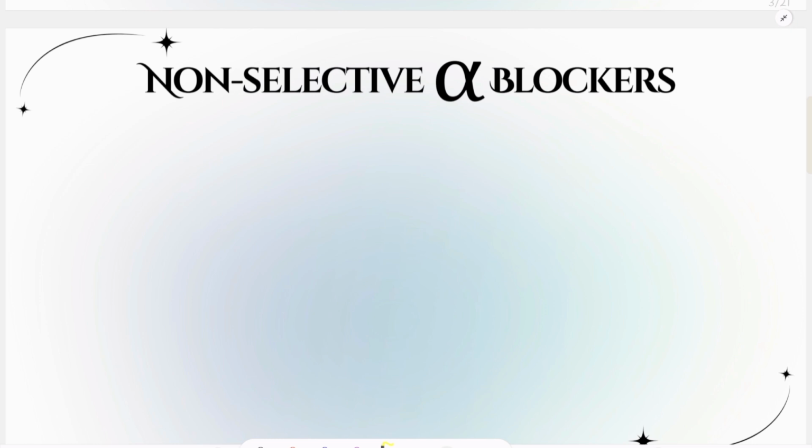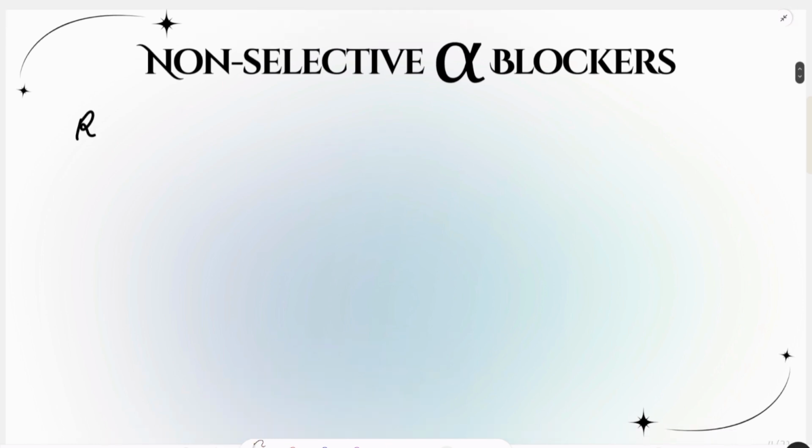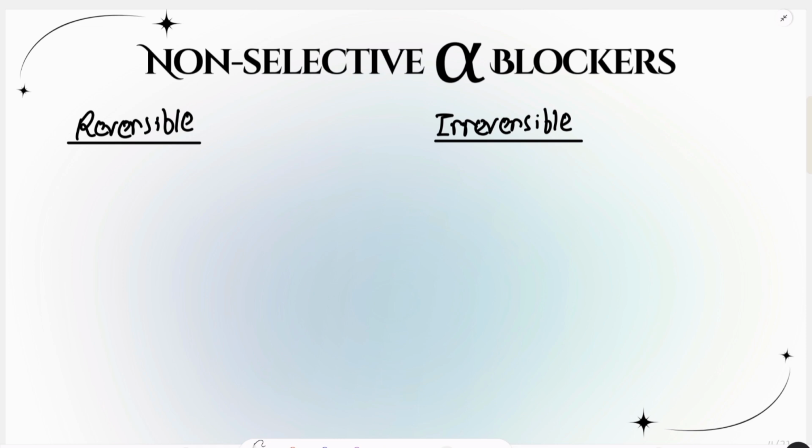Non-selective alpha blockers are mainly of two types. One is reversible and the second one is irreversible. What does reversible actually mean? It means it will temporarily block the alpha receptor, so the duration of action will be shorter.